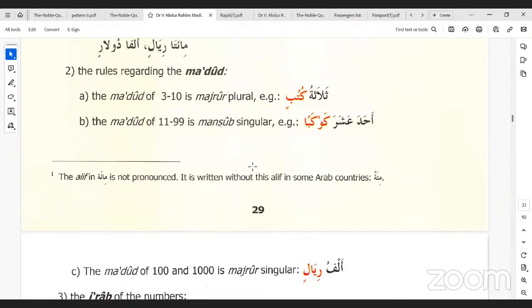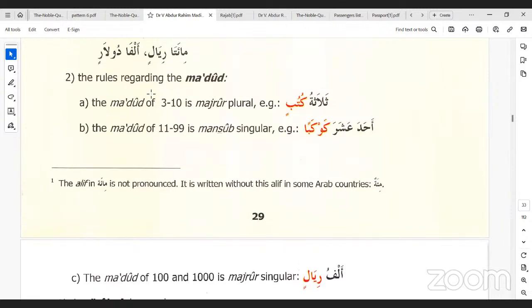Number 2, the rules regarding the ma'dud. The ma'dud of 3 to 10 is majroor plural. Example, thalathatu kutubin. The ma'dud of 11 to 99 is mansoob singular.